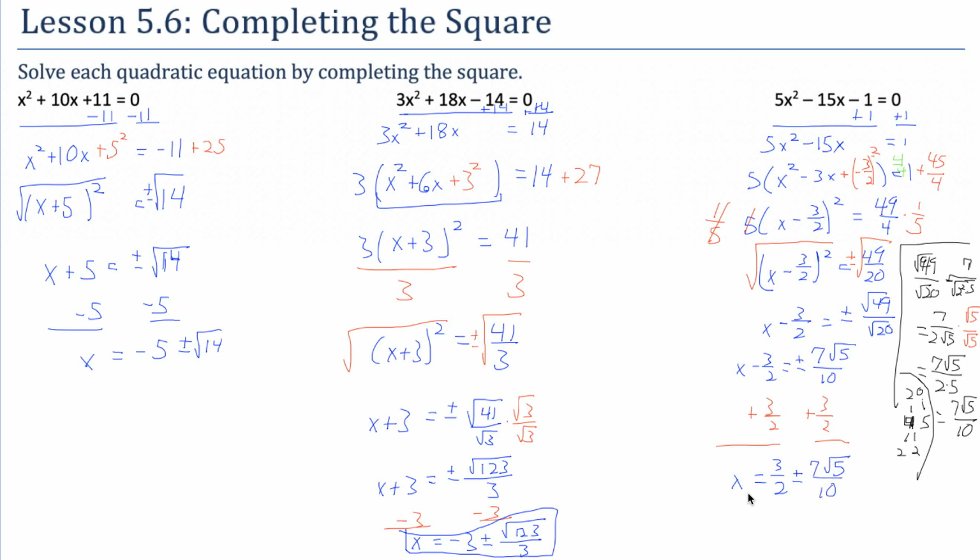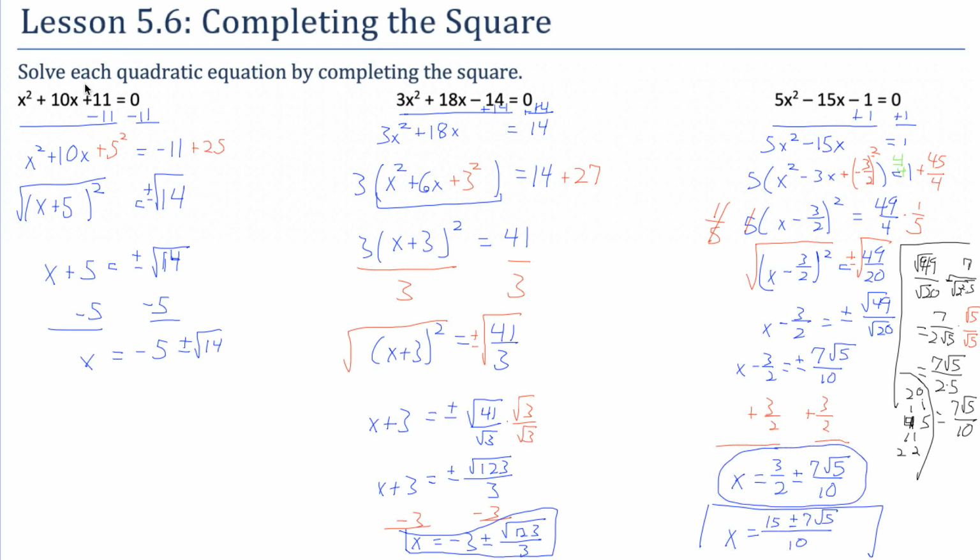And there's our answer. Just so you know, sometimes they will get a common denominator here of 10, so you would need to multiply top and bottom by 5, and they'll get 15 plus or minus 7 root 5 all over 10. But I like this answer here. So there is our answer.